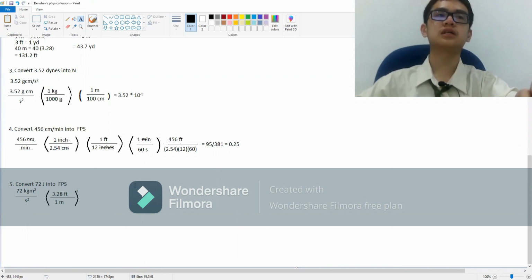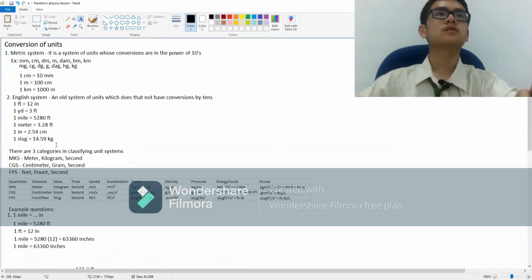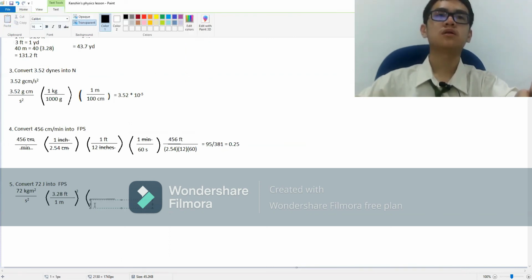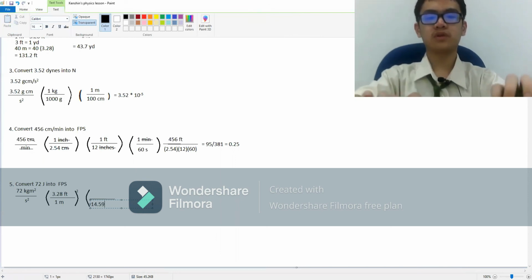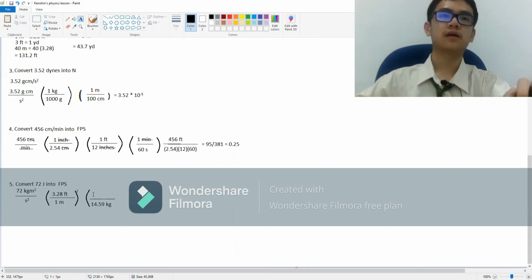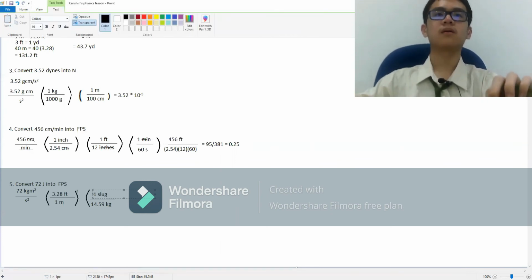Now kilogram to slug. So here, 1 slug is equal to 14.59 kilograms. So now we just translate that over. So kilograms is at the top. And so 14.59 kilograms are in 1 slug.